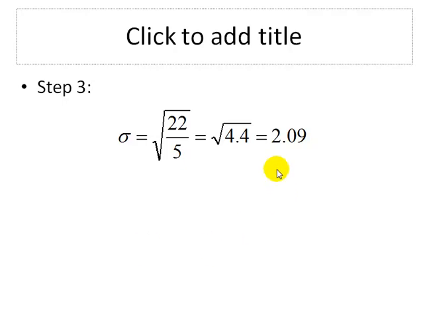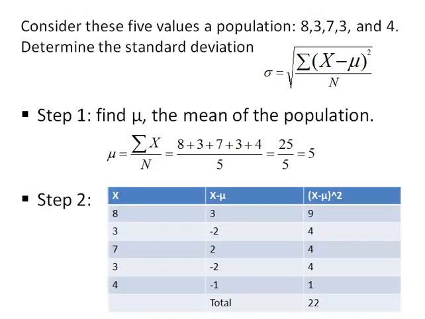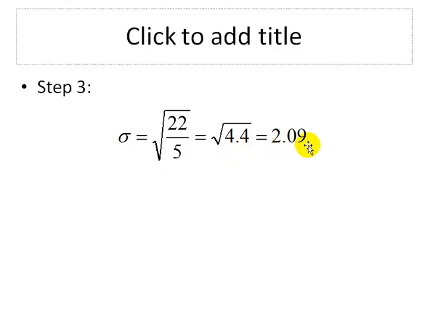So when we get sigma of 2.09, that means the average number for this group of data is 5, and the average deviation of each value from the mean number 5 is 2.09.